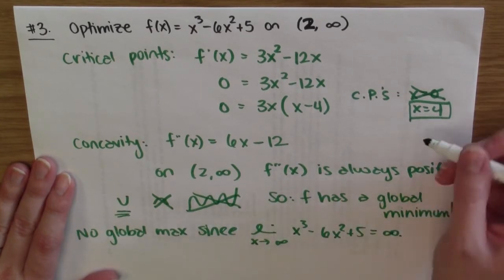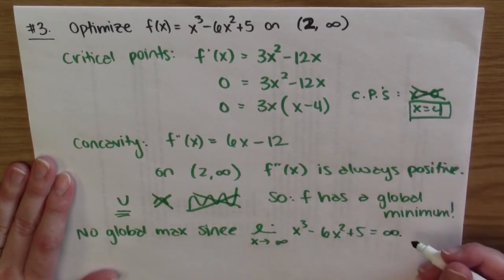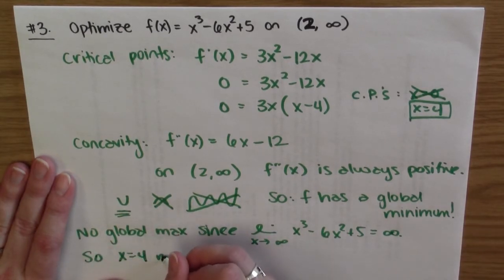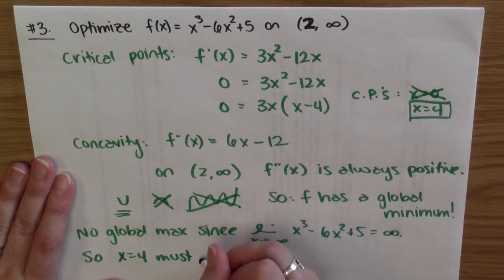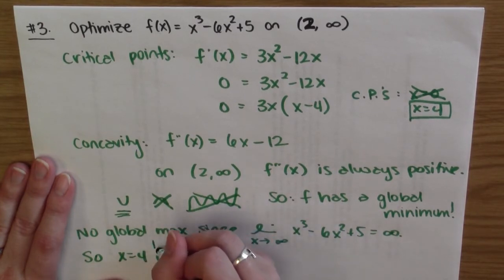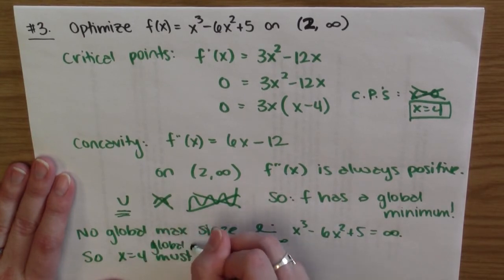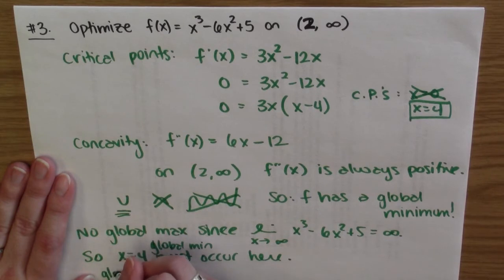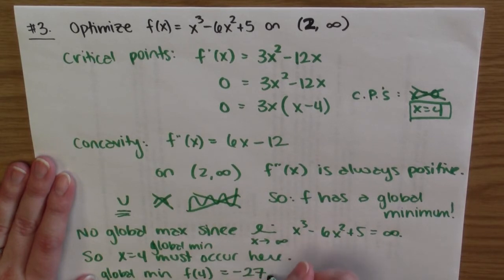So what's happening at this critical point must be the global minimum. x equals 4. The global minimum must occur here. And then the global minimum will be f of 4, which in this case is negative 27.